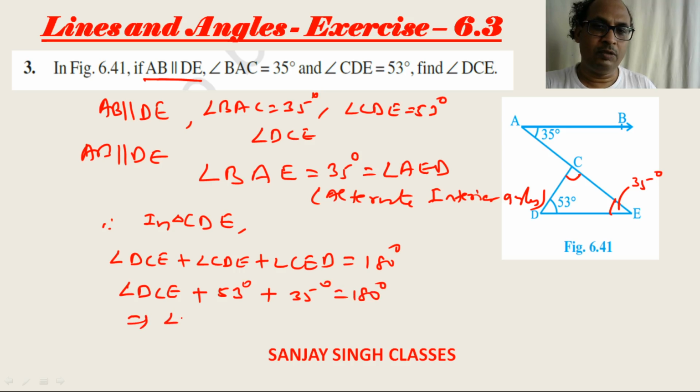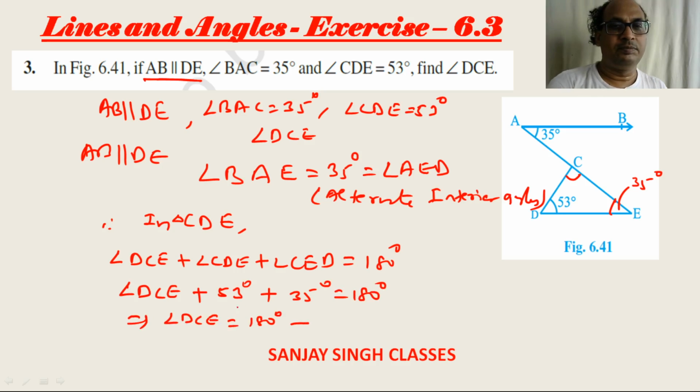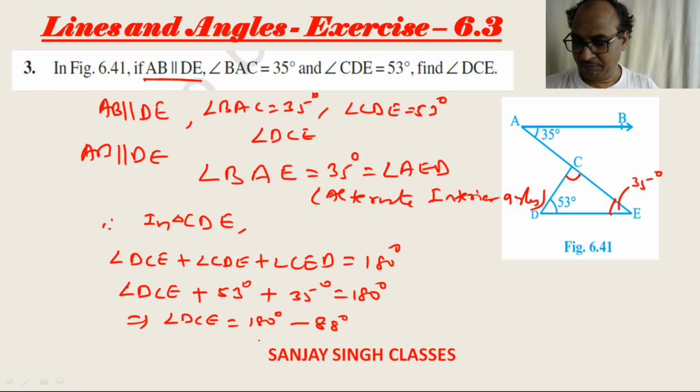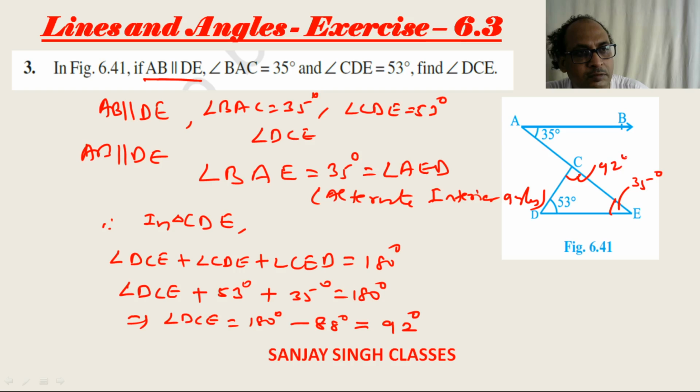We can solve the equation. 53 plus 35 is 88 degree. So 180 degree minus 88 degree. 80 we have subtracted, so it has become 100, and again 8 we have subtracted, so we have got 92 degree. Okay, so angle DCE has become 92 degree.